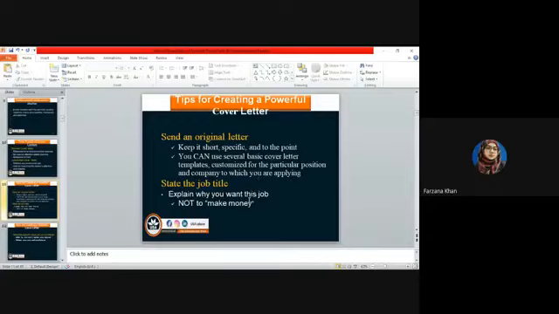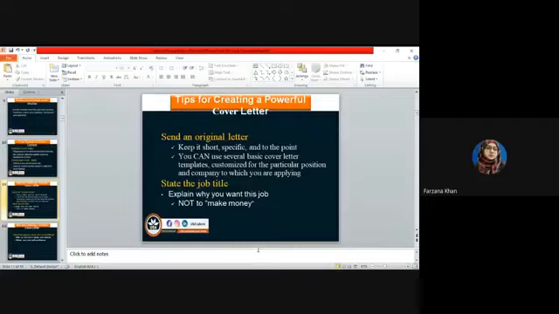For writing a cover letter, it is also very important to state the job title. If you're going to apply through an email, then you will mention the job title in the subject. But if you're going to send a hard copy of your cover letter and resume, then state the job title in the very first paragraph, and also explain why you want this job.